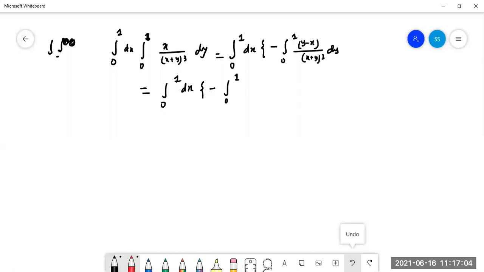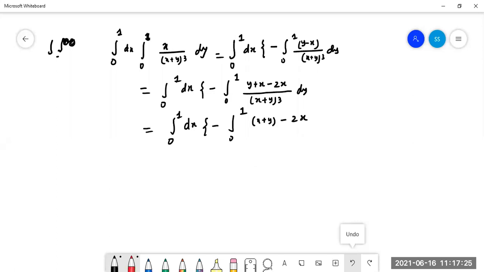This y minus x can be written as y plus x minus 2x. Can you write this? Yes, sir. That is written here. So from here integration 0 to 1 dx minus integration 0 to 1 of (x plus y minus 2x) by (x plus y) whole cube dy.